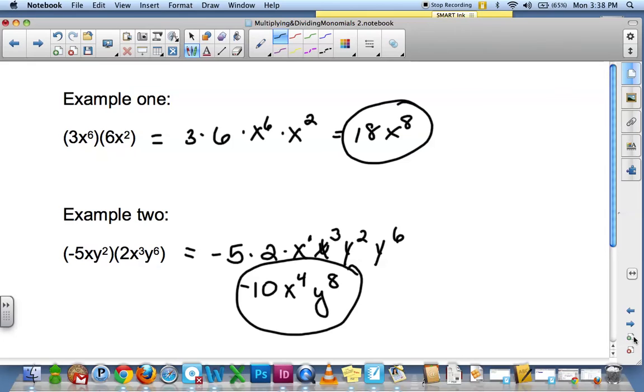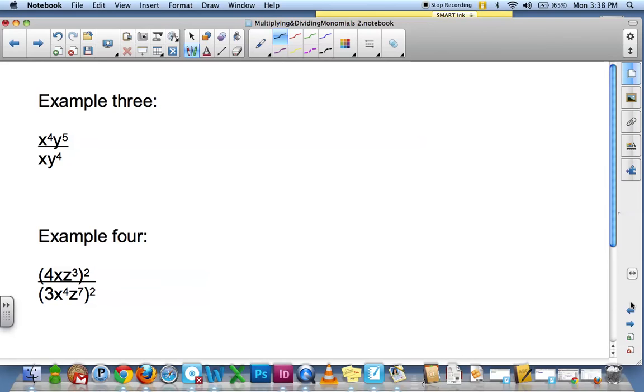All right, now we're going to move on to a couple more examples. Here we've got a few that are dividing. Do you guys remember what the rule is with dividing that we just talked about? If you said we're going to take the exponents and subtract them, you're absolutely right. So I'm going to take my x to the 4th and subtract 1 from it, because x with no power is just to the 1st power.